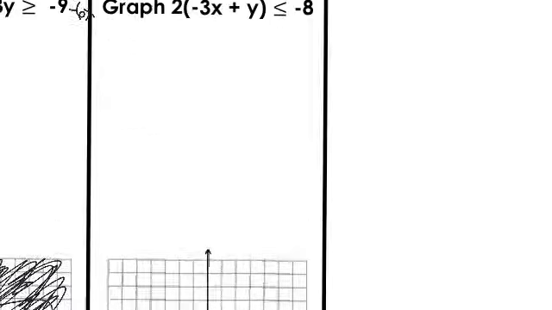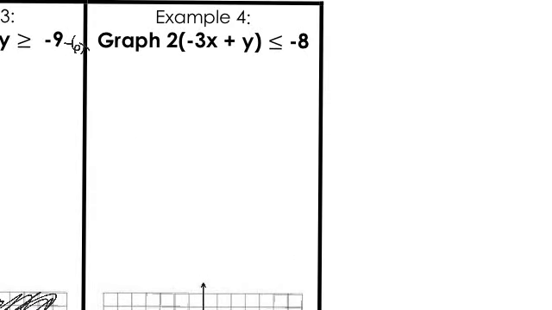All right, one more. Okay, so let's check out this one. We need to distribute the 2 to both terms before we can isolate the variable. So 2 times negative 3x is negative 6x, and plus 2y is less than or equal to negative 8.